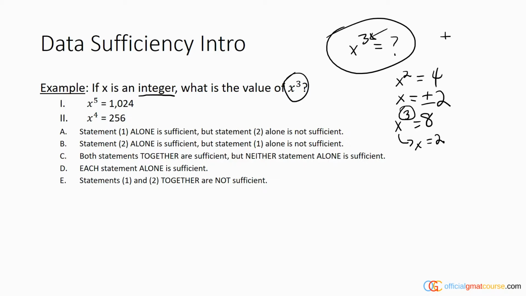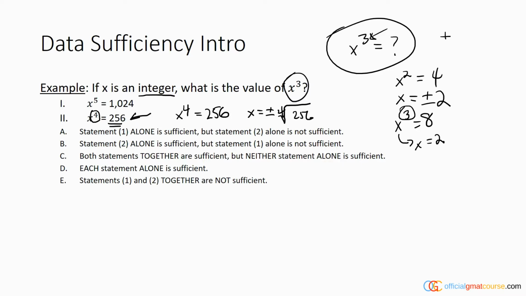And if you look at statement 2 here, we have an even exponent of 4. And that's going to lead to some information loss about what number we started with. So if x to the 4 equals 256, then x equals the positive or negative fourth root of 256. And I don't have to actually solve this to know if this is enough information or not.